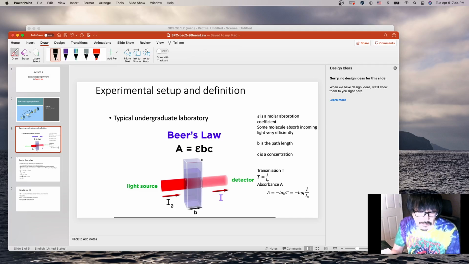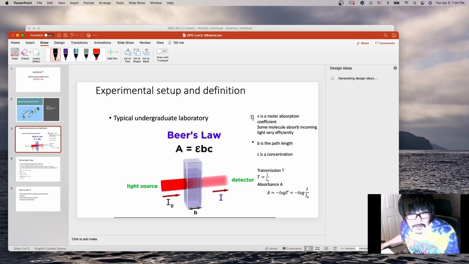It's the tendency of absorbing light, and that's called the molar absorption coefficient. So those three quantities are important for predicting the amount of light that goes through.